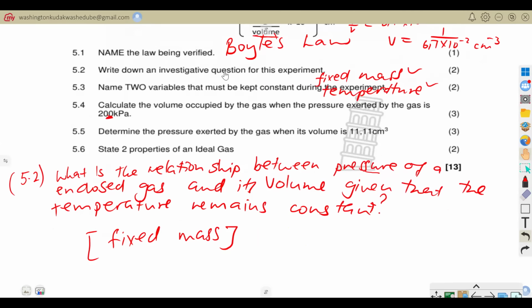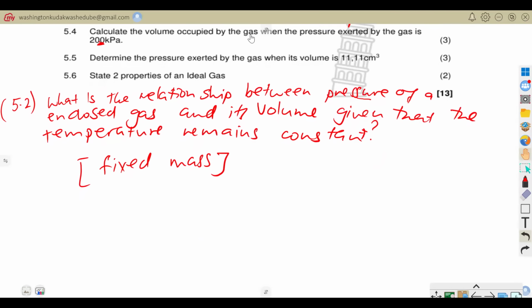So I found my value there for my inverse of volume. So I would come here and say that 1 over V is equal to 6.7 times 10 to the power minus 2 per cubic centimeter. If I want to find this volume, I will make the volume the subject, so I will interchange these two.